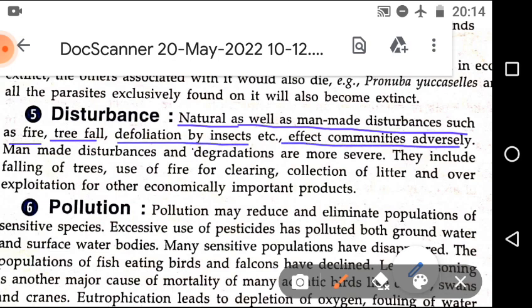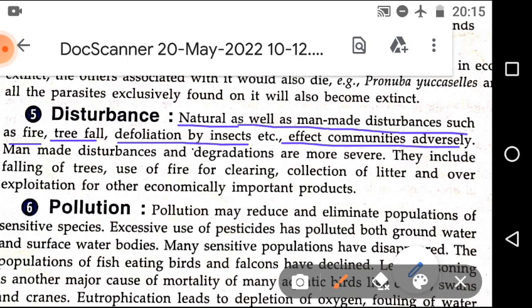Some natural disturbance is there, like tornadoes, cyclones, heavy rainfall, flood, volcanic eruptions. Some man-made disturbance is there, like forest fire, tree fall, defoliation by insects. That means insects are causing falling of the leaves of the tree, which can affect the communities.